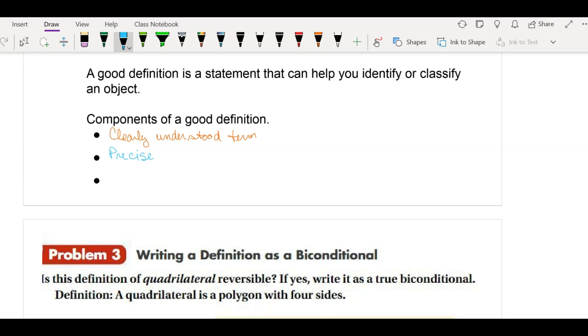You want to stay away from words like large, sort of, almost. And the third component of a good definition is it's reversible. What I mean by reversible is you can write it as a true biconditional.